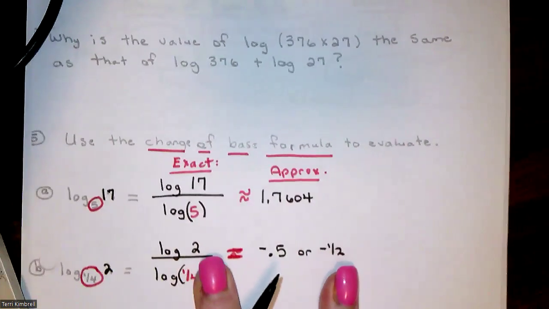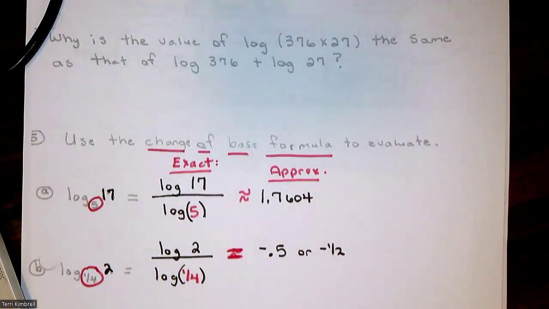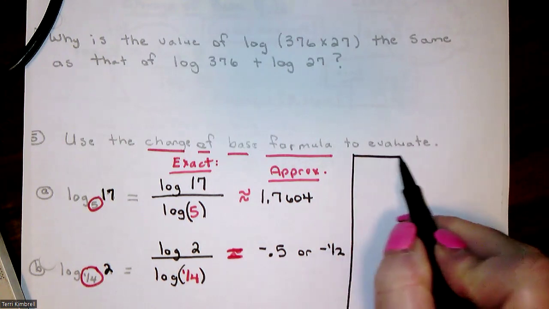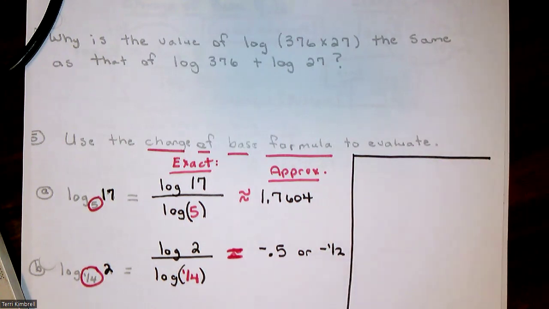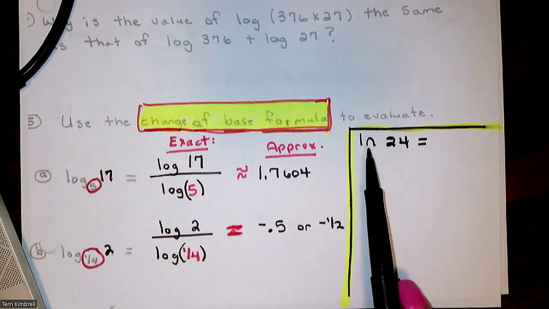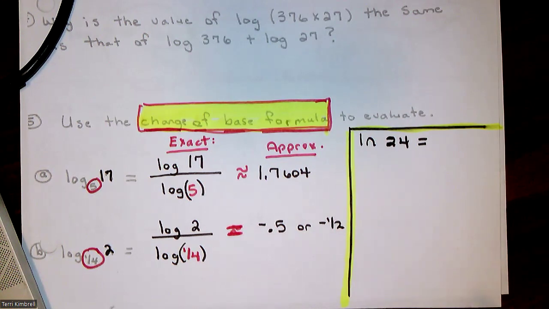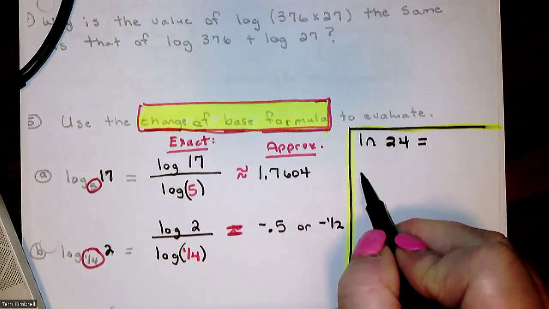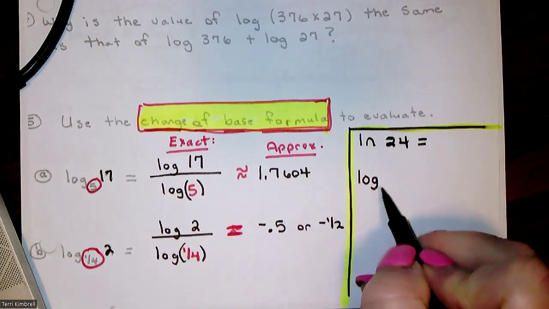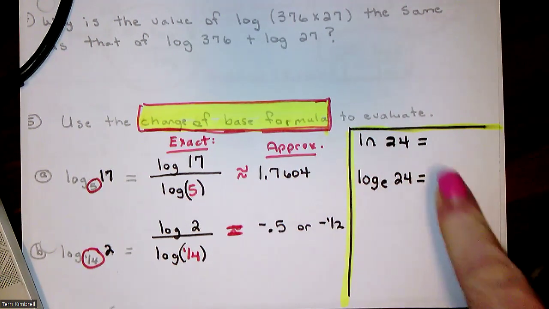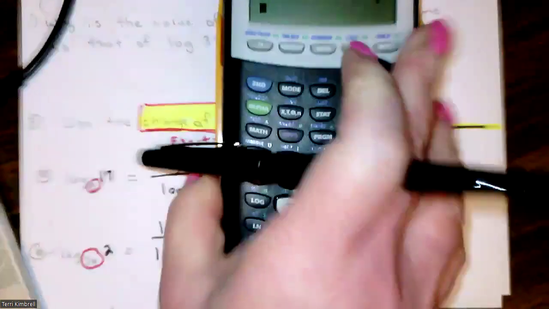Now, if you'll grab like a little sticky, we're going to talk a little bit more about that on the right side, or another little sheet. Okay, so if you see the natural log, the ln of 24, remember that you can write that as a logarithm with base e. Okay, so let's first of all type in ln of 24.